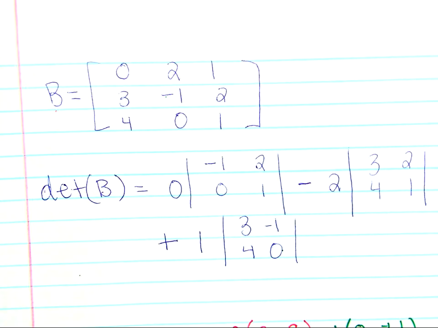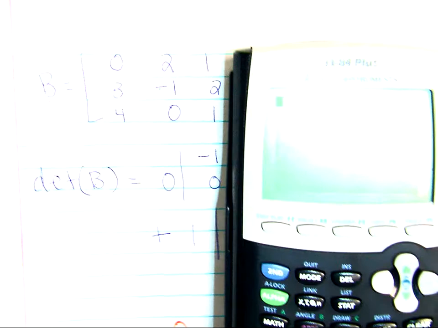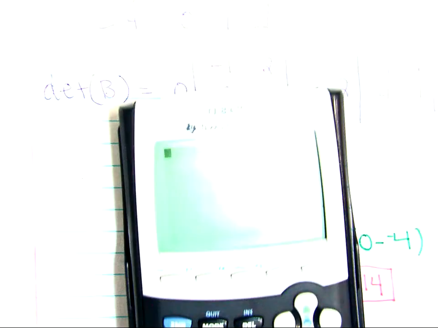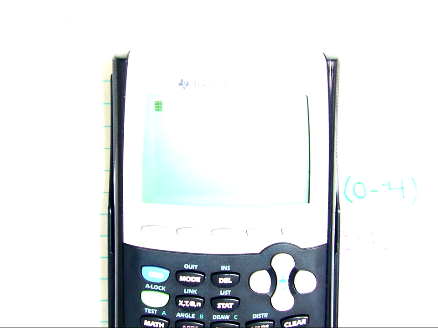So we got 14. This is where you get your graphing calculator, and you want to put that matrix into your calculator. So there's my graphing calculator. Okay, and I want to start by inputting, if I can ever get the screen to not be so bright.